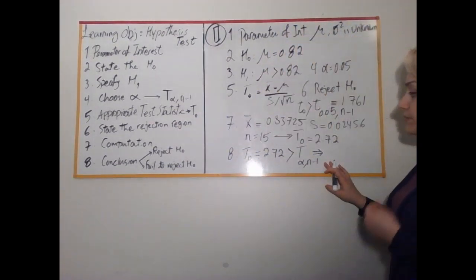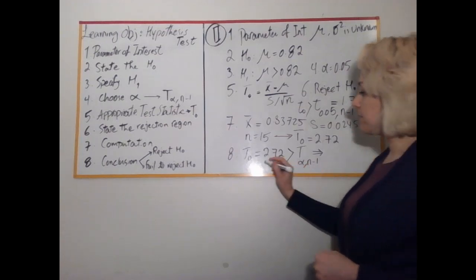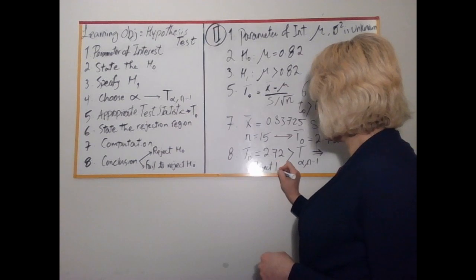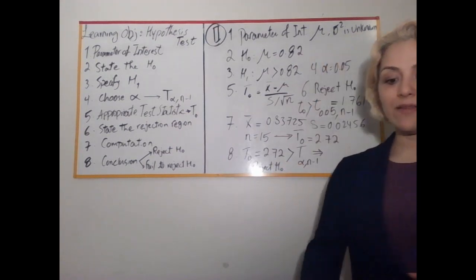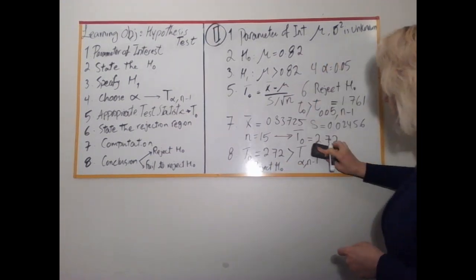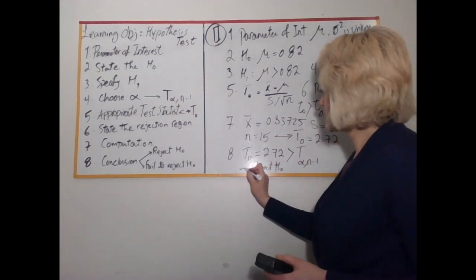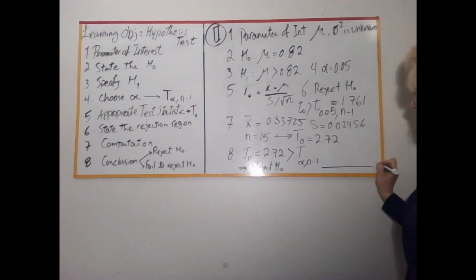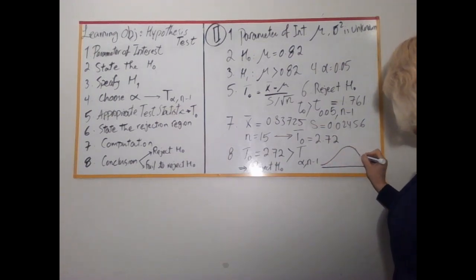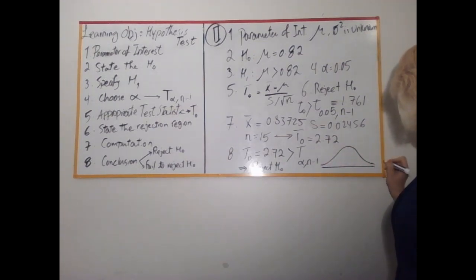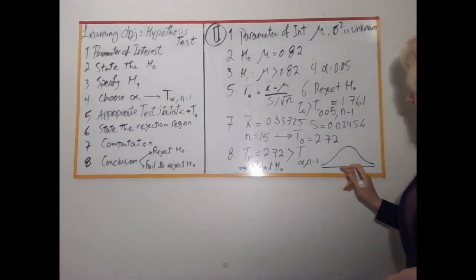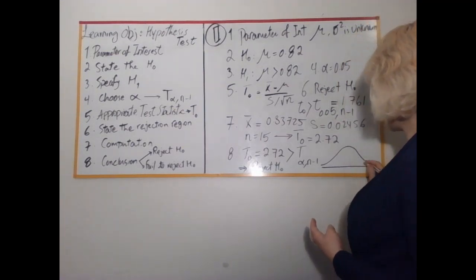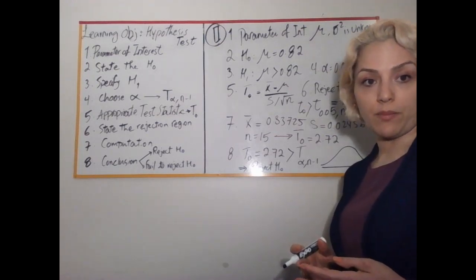So because of that, we are going to reject the null hypothesis. If you want to look at it on the figure, look at this one. Here it's one-sided. And when it's one-sided, it should be greater than some number, right?